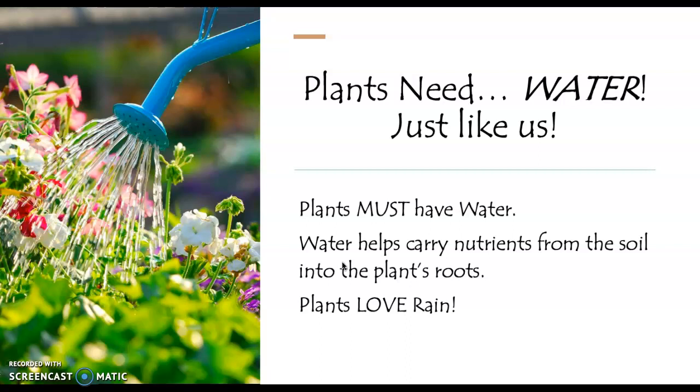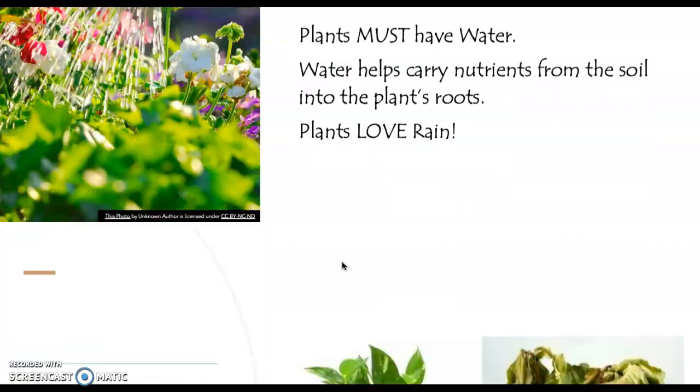And also remember that water travels through the plant by the stem. So as it goes from the soil into the roots, it does do that, but it also then goes from the bottom of the plant through the stem like a straw and goes into the other parts of the plant. Another very essential thing for plants.